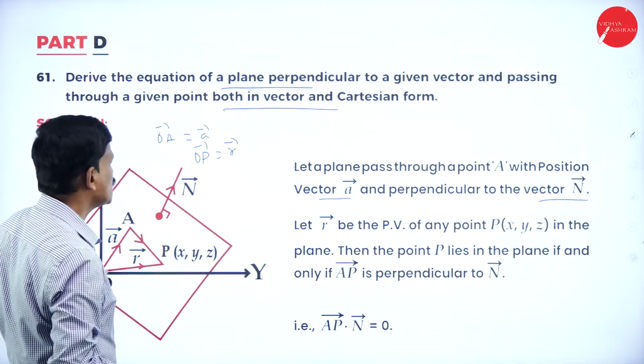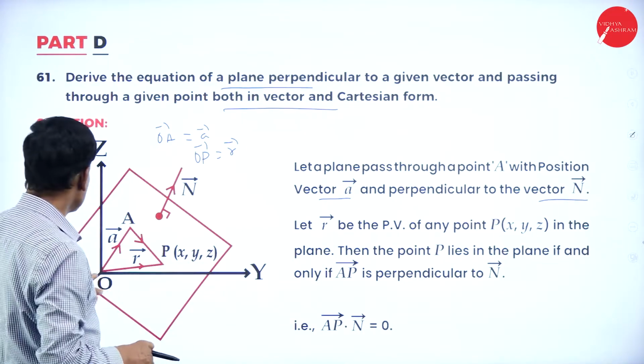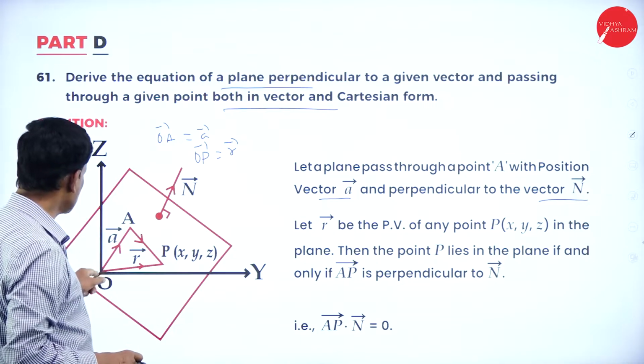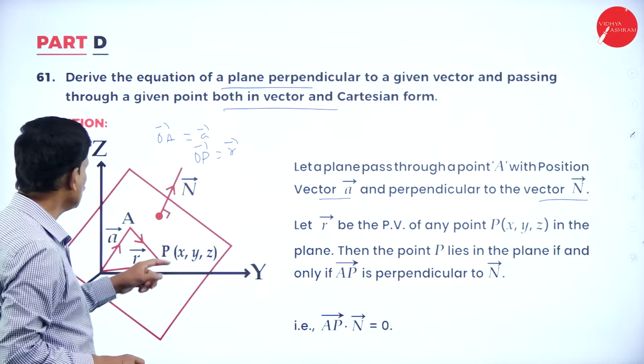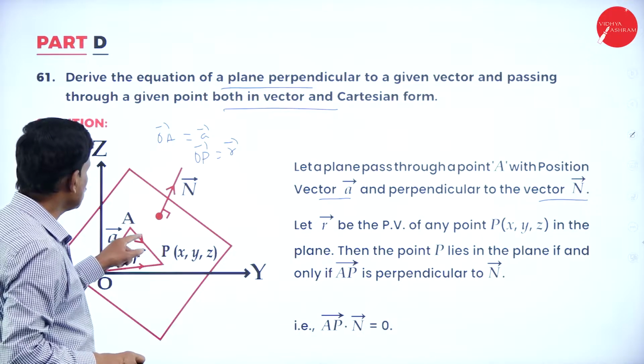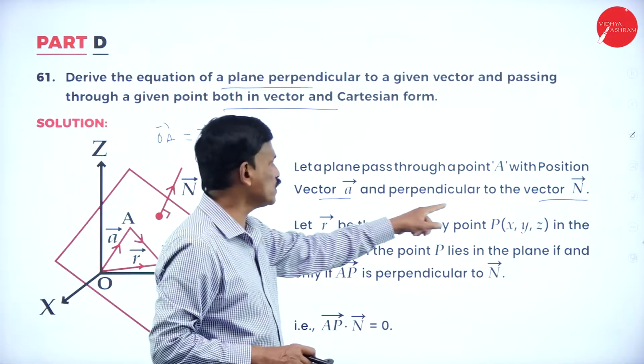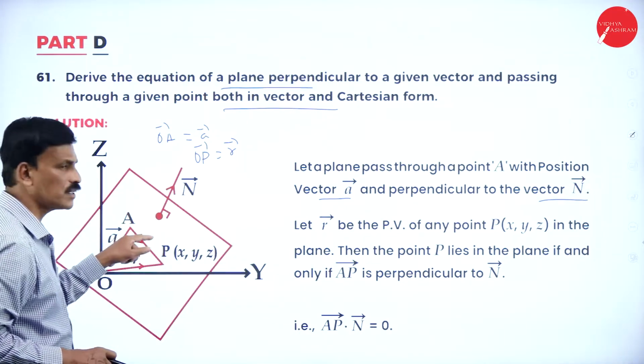That means let us consider, let a plane pass through a point A whose position vector is vector OA is equal to A. Let this plane be perpendicular to the vector n.